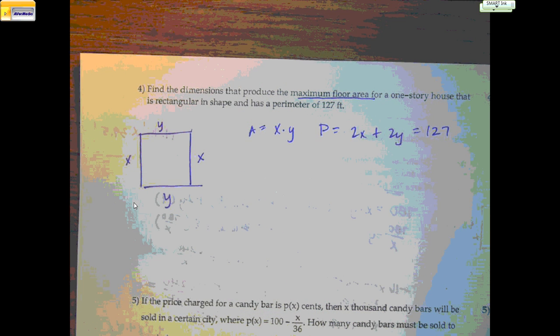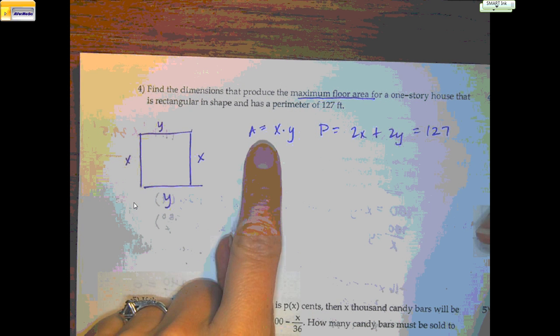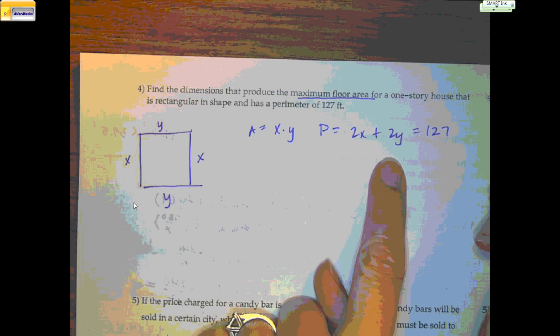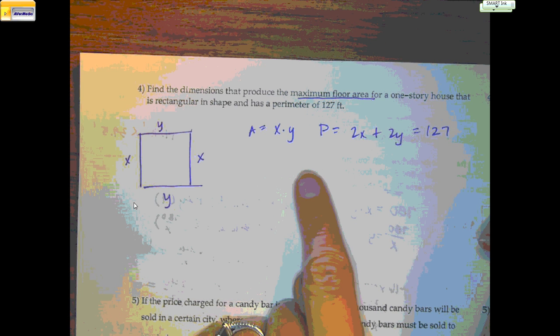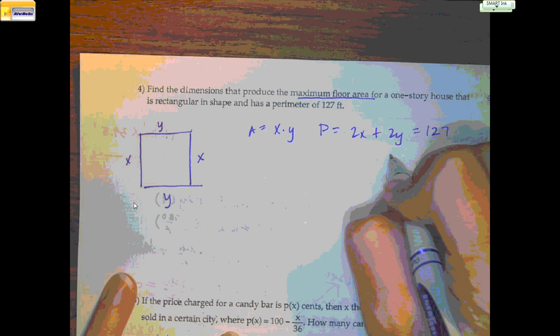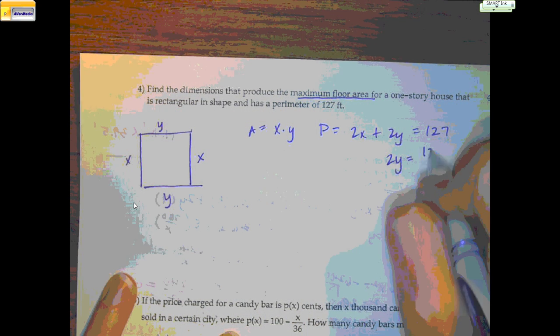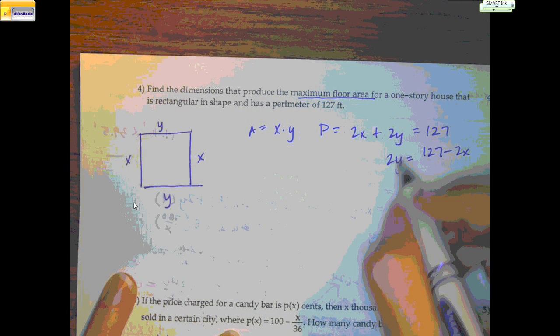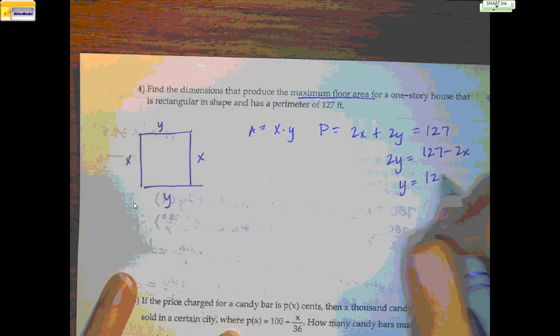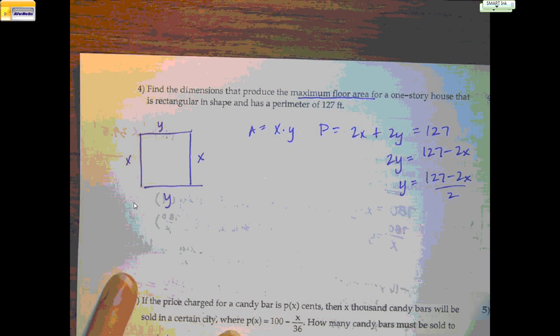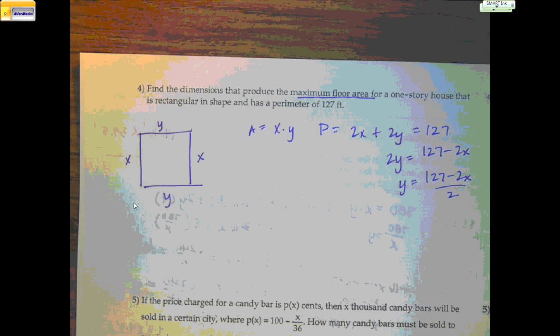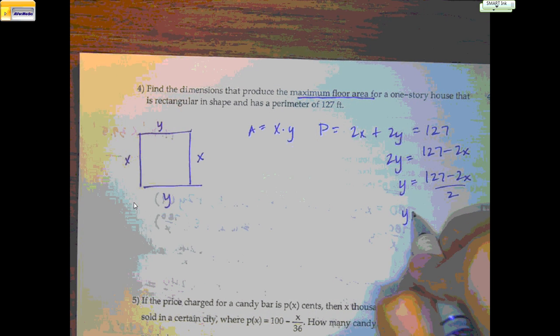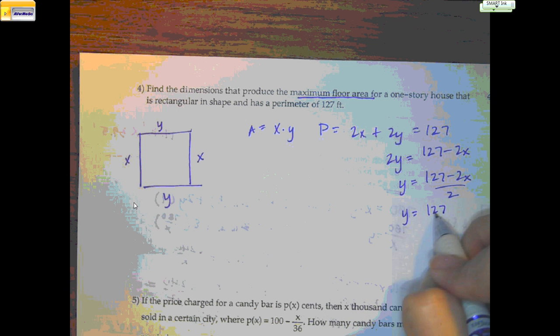Are we going to derive the equation on the left or the equation on the right? On the left, because it says maximum floor area, which means we need to use this one to make this one all the same variable. So I'm going to subtract 2x from both sides and divide both sides by 2. Actually, this will be even easier if I make these two different terms.